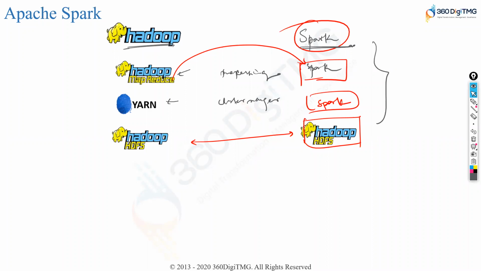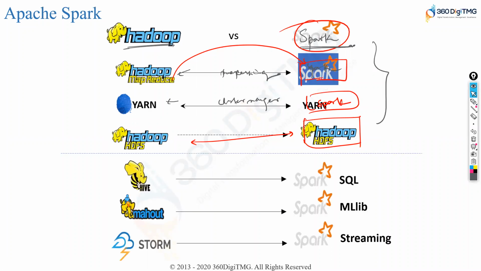This is the comparison, because when I talk about structured query language, you can see that Hive is used to handle structured data, whereas here you see Spark SQL is basically used for structured query processing. We will deep dive into this again.